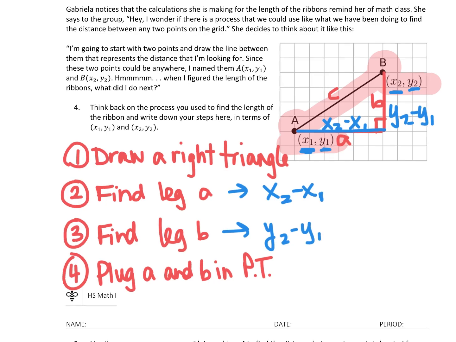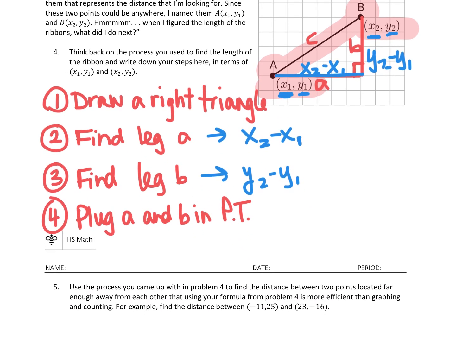That means when I plug A and B into the Pythagorean theorem, if I use the notation for just 2 generic points, I'm plugging it in like this. For A, I'm plugging in x2 minus x1, and whatever that difference is, I'm squaring it.